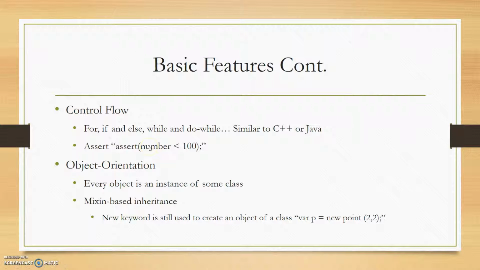So if the value inside the parameter is false, it throws an exception. So if this number here is, let's say, 101, your program won't run. It'll throw an exception, and that's really good for just some quick on-the-spot error checking.